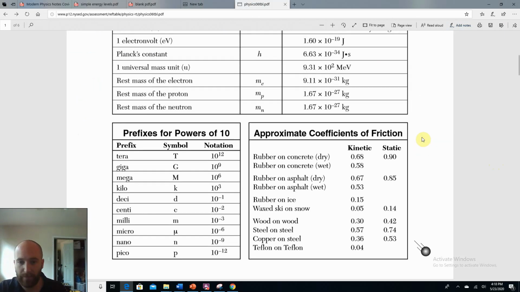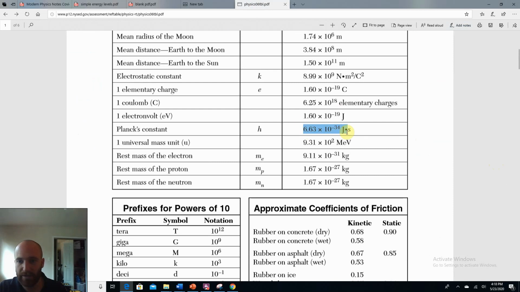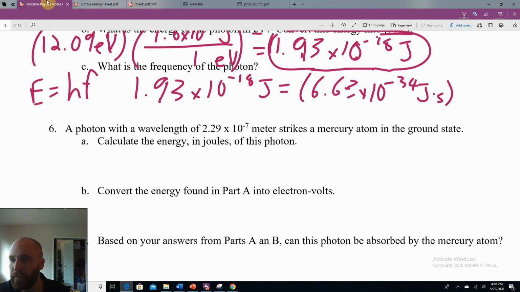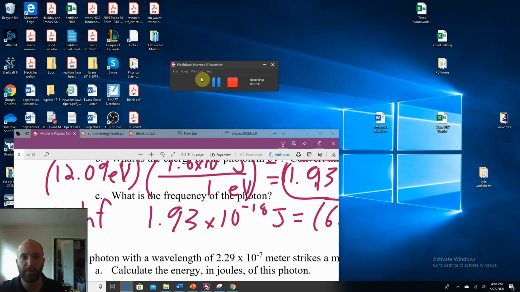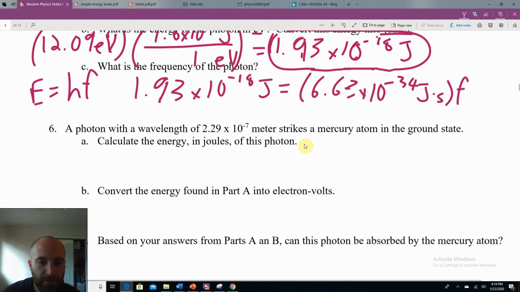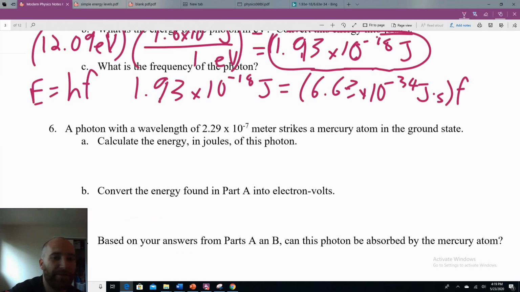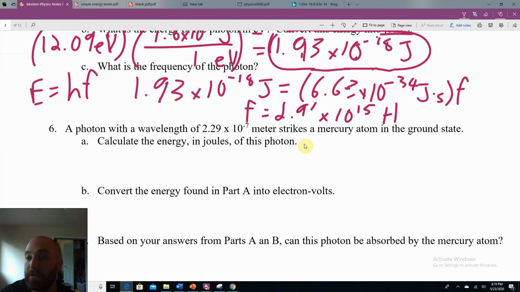On the front of the reference tables, we have h equals 6.63 times 10 to the negative 34 joule seconds. Times f, which is what we're solving for. And then we have to solve for f. When I divide both sides by the 6.63, I get 2.91 times 10 to the 15. f equals 2.91 times 10 to the 15 hertz. Hertz, the unit for frequency.